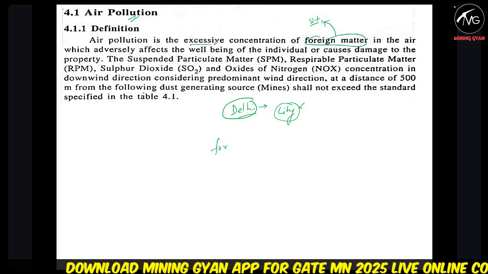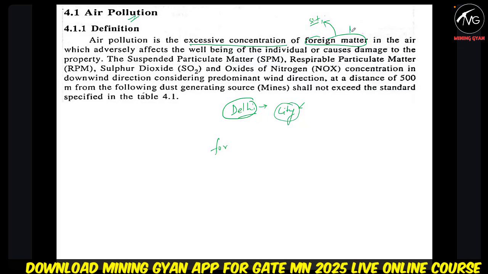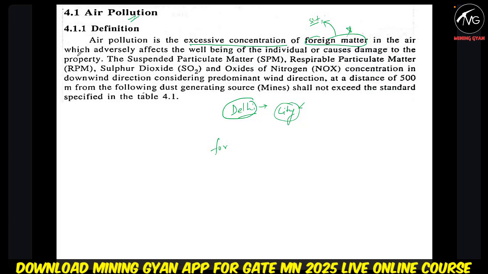Air pollution is the excessive concentration of foreign matter in the air which adversely affects the well-being of the individual and causes damage to property. In foreign matter you have SPM, respirable particulate matter, sulphur, oxides, nitrogen.